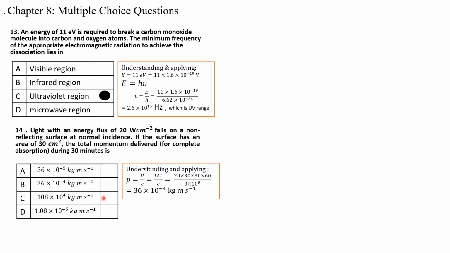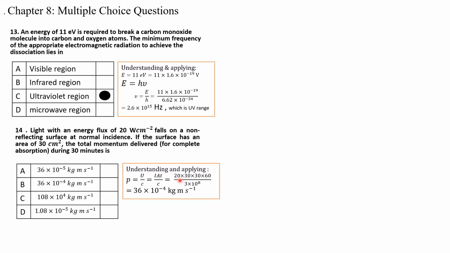Four options are given, but we have to use the formula. Straight away you have to apply a formula because it is a numerical problem. We have to recall that the total momentum P is equal to U by C, where U is the energy. Therefore, U is given by the formula I into A into t divided by C, where I is the intensity, A is the area, and t is the time.